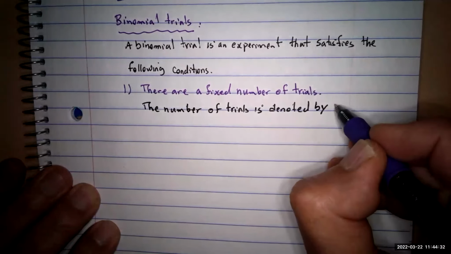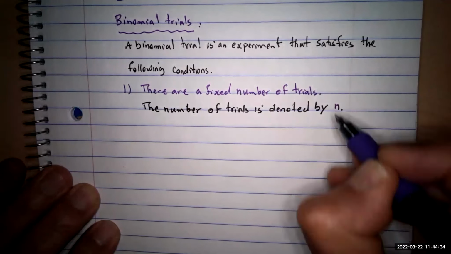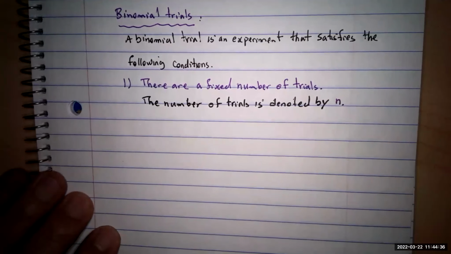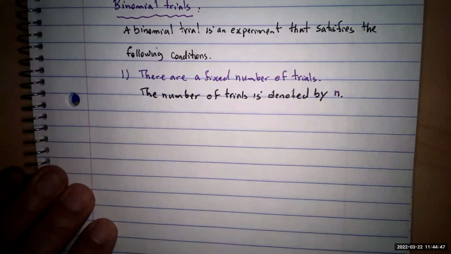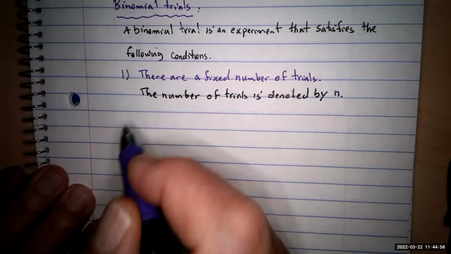So n is the number of trials, the repetitions we're going to have. That's the first condition. The other one is that in each trial, you should have only two outcomes. If you toss a coin, you may get a head or a tail. Two outcomes only. That's the second condition.